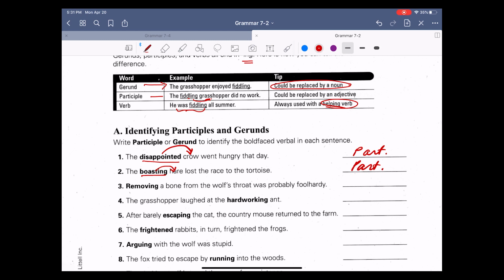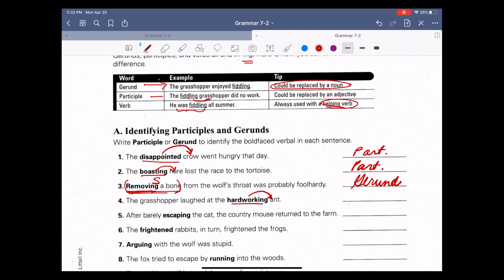Number 3, removing a bone from the wolf's throat was probably foolhardy. Removing is a gerund that's part of this entire gerund phrase that's acting as the subject of the sentence. So we know in that case, it's a gerund. Number 4, the grasshopper laughed at the hardworking ant.